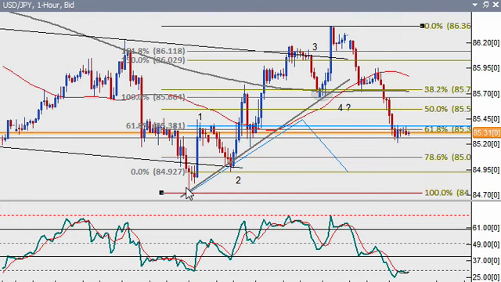So this could be a completed impulse wave with a completed corrective wave. Okay, this could be a zigzag or different combination here.